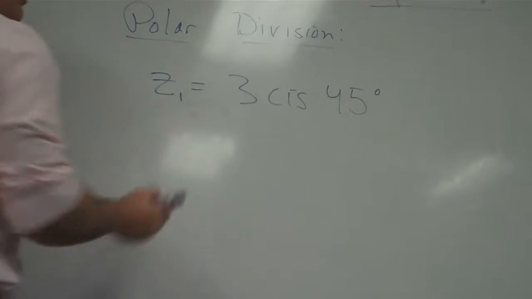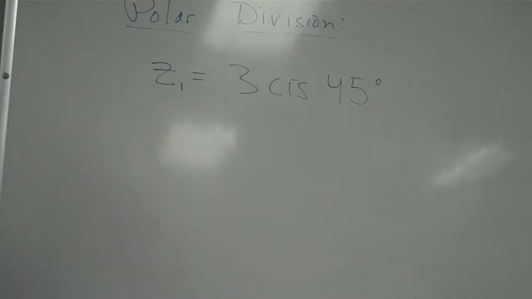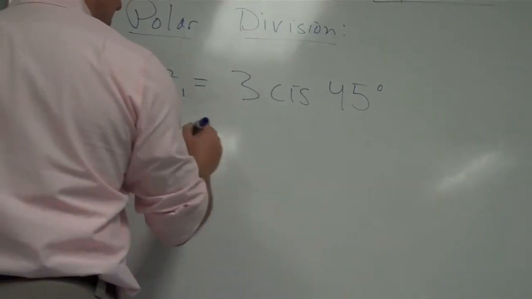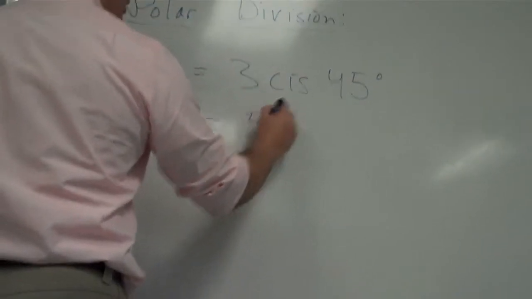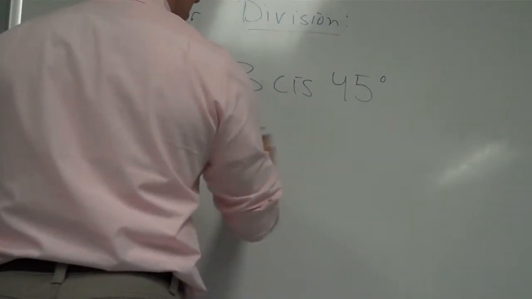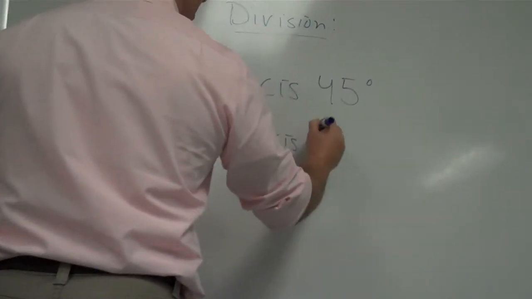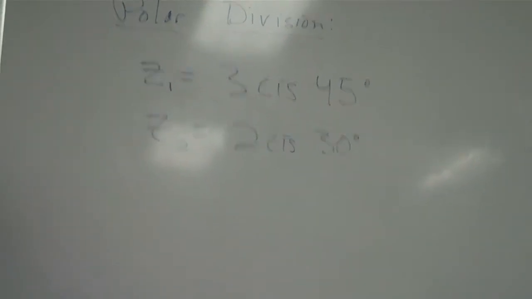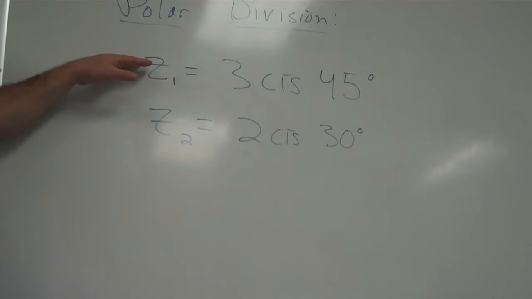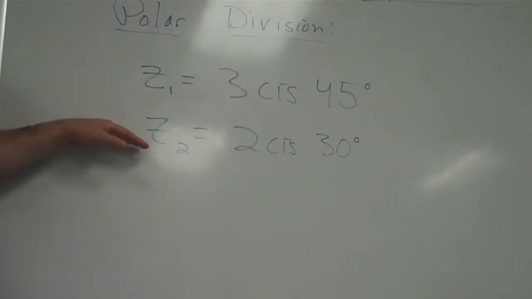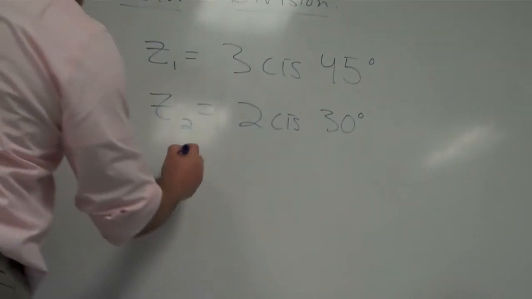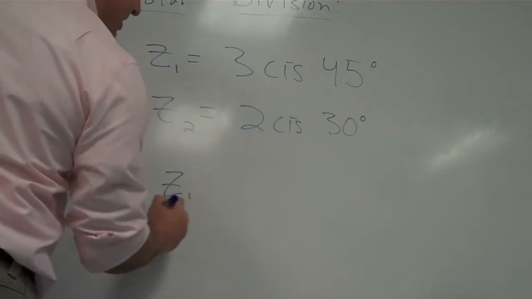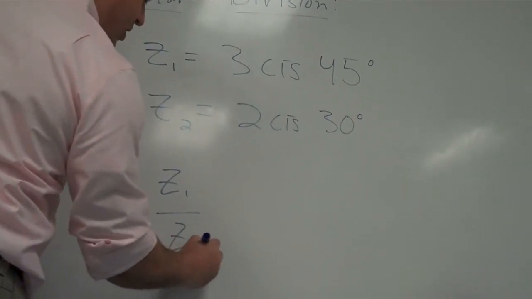They'll say z sub 1 is 3 cis 45, for example, and z sub 2 is 2 cis 30. So they'll label them, call each polar complex number z, and use a different subscript. If I'm asking you to divide these two, I might say then what's z1 over z2?